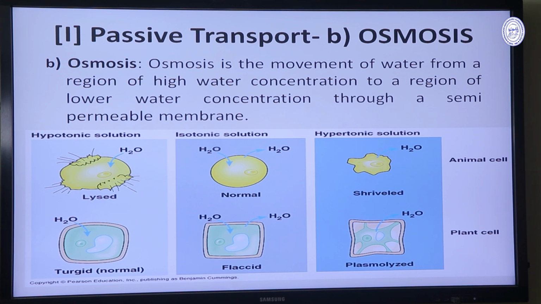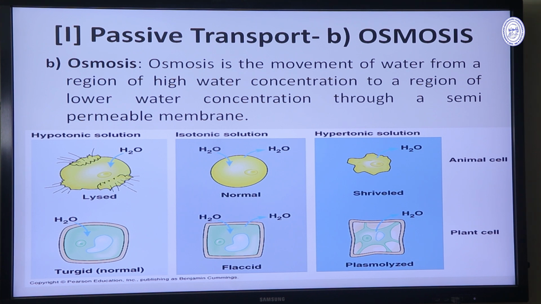If it swells so much that it will burst, this is called lysis. In case of a plant cell, the cell wall will not allow such lysis, but the cell will be very swollen. This condition is called turgid solution.